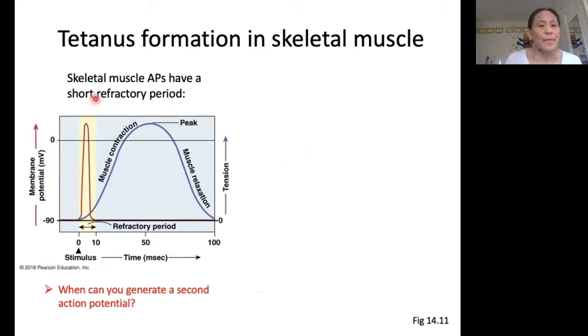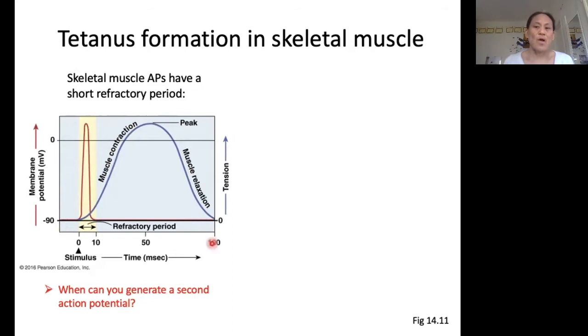What is it and how does it apply to this situation? Okay, so let's start by looking at this graph right here. Time is on the x-axis. In red is the action potential in a skeletal muscle. Sorry, I forgot to mention, we're looking at skeletal muscle here. We're going to compare what happens in cardiac muscle versus skeletal muscle. We have the muscle contraction that results from that action potential in blue.